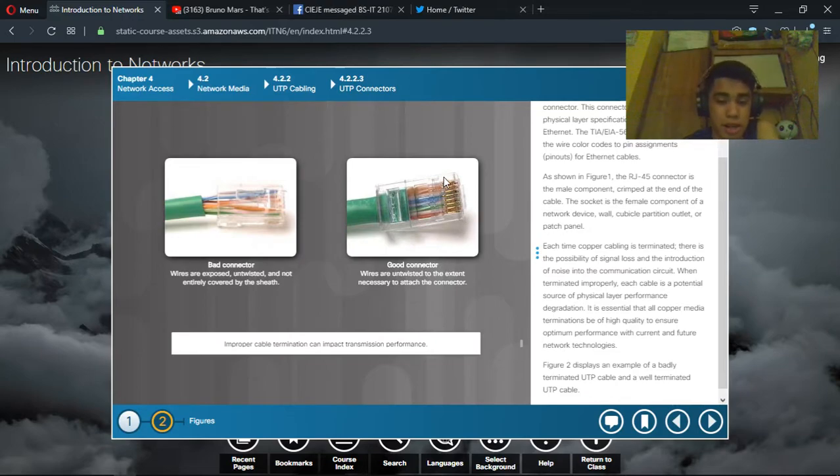The good connector has wires twisted to the extent necessary to attach the connector. This is a wrong one. This is a bad one. Don't forget, improper cable termination can impact transmission performance.